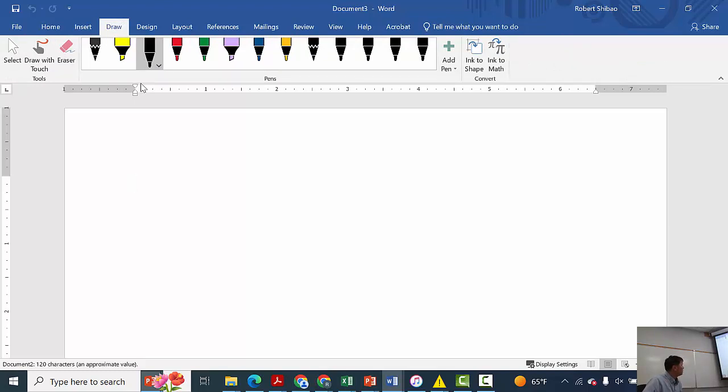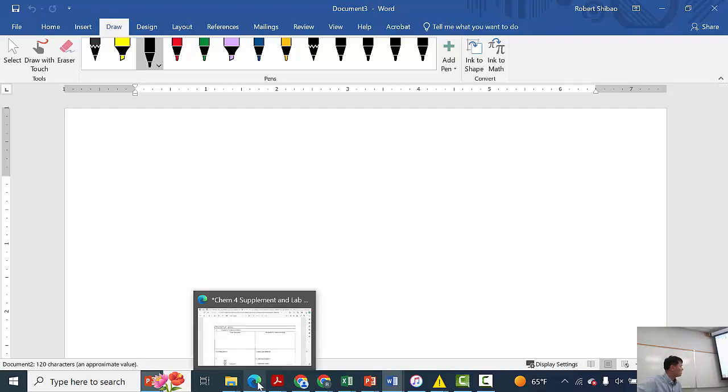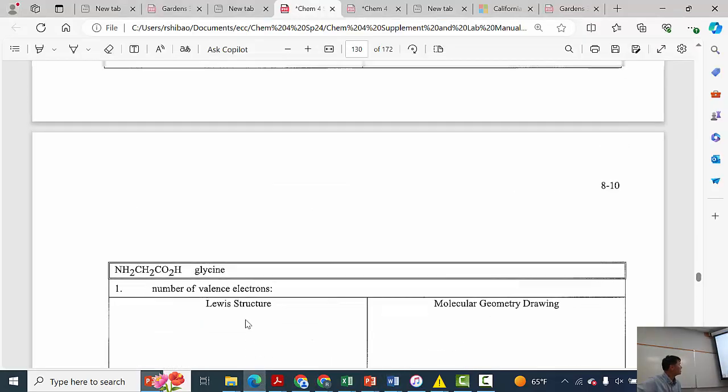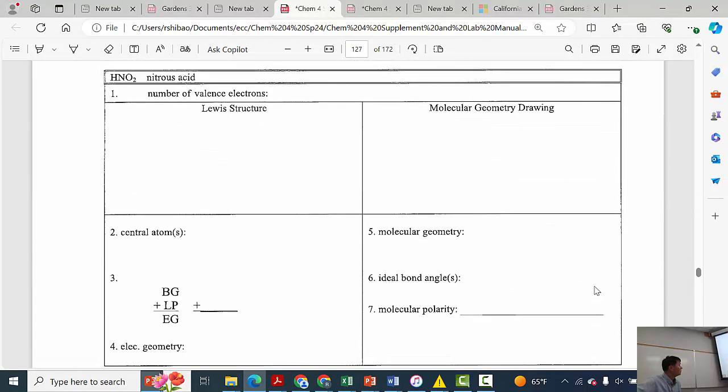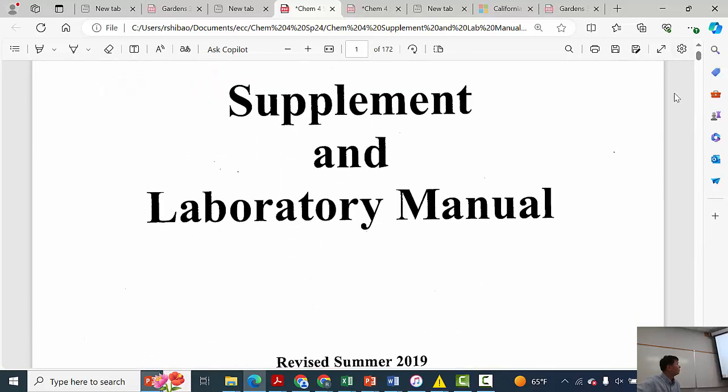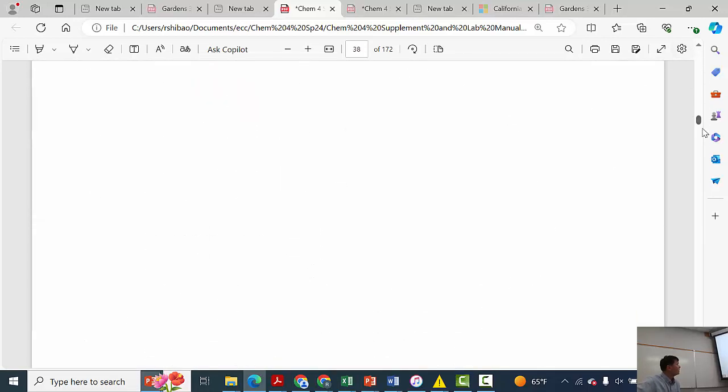And we're going to take a look at some ones from the lab that we're going to be doing. This is the next experiment that we're going to do, and this is experiment 8. So let's take a look here. Oops, went too far.